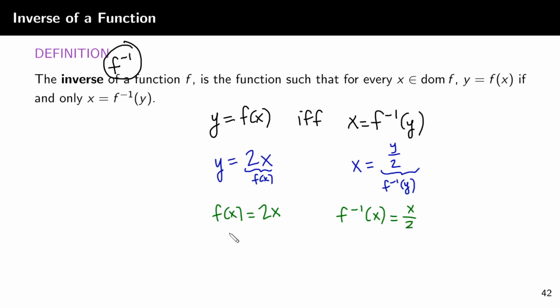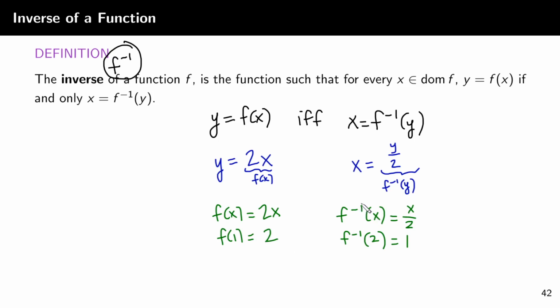So for example, if x equals, let's say, 1, f of 1 is equal to 2, and f inverse of 2 is equal to 1. Now, if we apply the inverse to 2, dapat ma-recover natin yung original na value ng x.